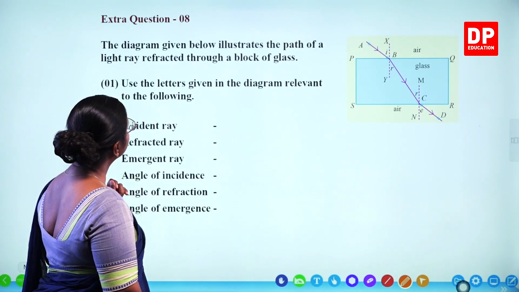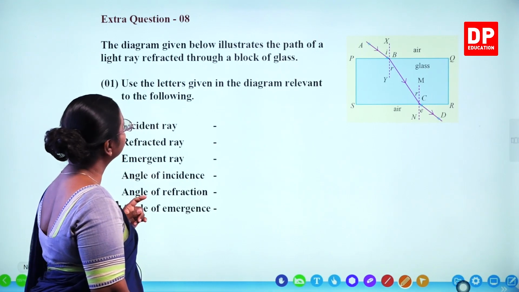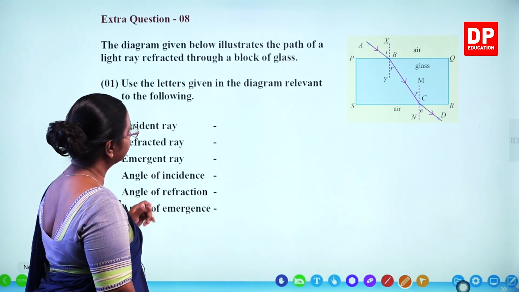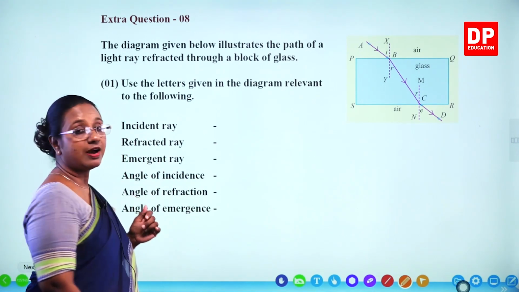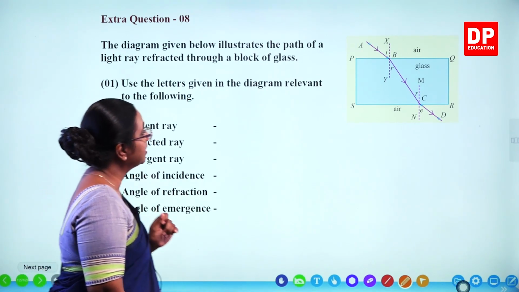The diagram given below illustrates the path of a light ray refracted through a block of glass. Use the letters given in the diagram relevant to the following. So we need to identify all these: incident ray, refracted ray, emergent ray.